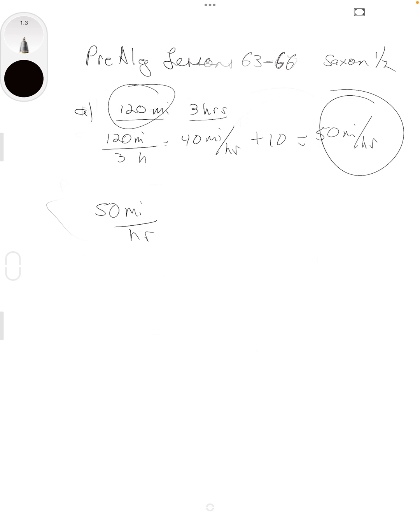Well, notice I have 50 miles per hour, or I can write this as 1 hour is 50 miles. These are two ways to write the rate. Now, what I'm going to do is use my concept of unit multiplier. I'm going to use this one because I know that 1 hour, 50 miles, if I multiply that times 120 miles, because that's how far he goes, notice the miles will cancel, and I will end up with something in hours.